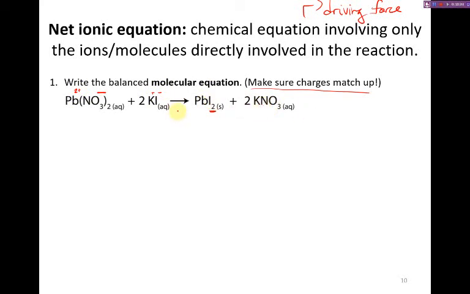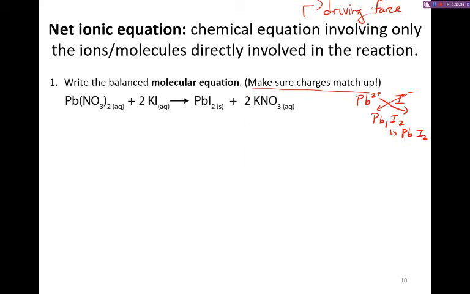A very common mistake would be to use the wrong ratios. And so a little trick, if you will, is to take the substance that you're combining and the charge becomes the subscript. So Pb1 I2 is simplified into PbI2.